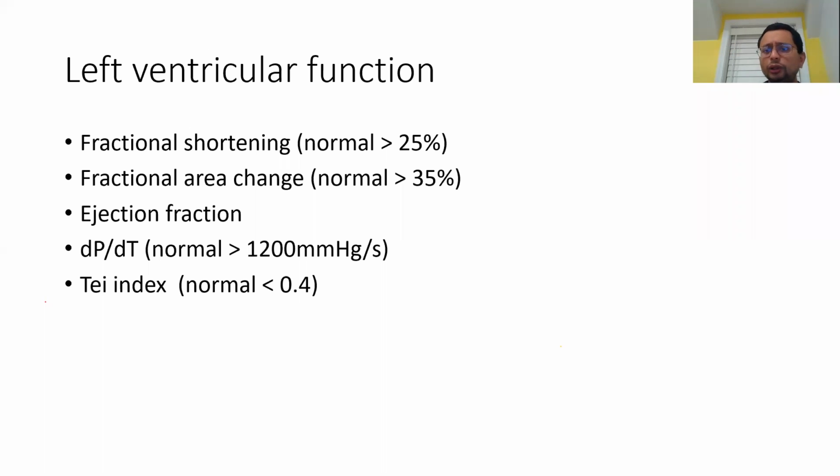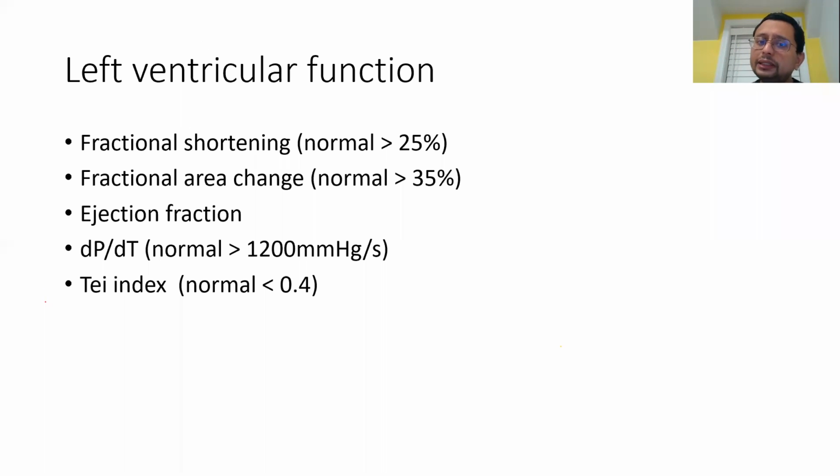So the Tei index is actually the index of myocardial performance. The first 4 parameters here are all parameters of systole, how well your heart is contracting. The Tei index, on the other hand, is a global index of myocardial performance.